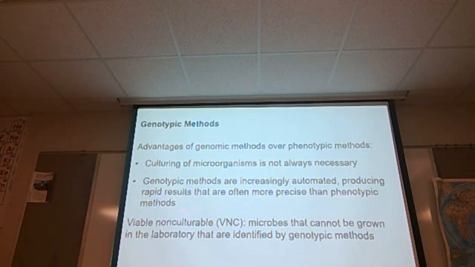The one drawback to phenotypic methods is they can tell you that you have an E. coli infection. They're not necessarily going to tell you that it is a particular strain of E. coli. Some E. coli are very virulent and can cause lots of pathogenic infections. Other strains of E. coli are not so serious.